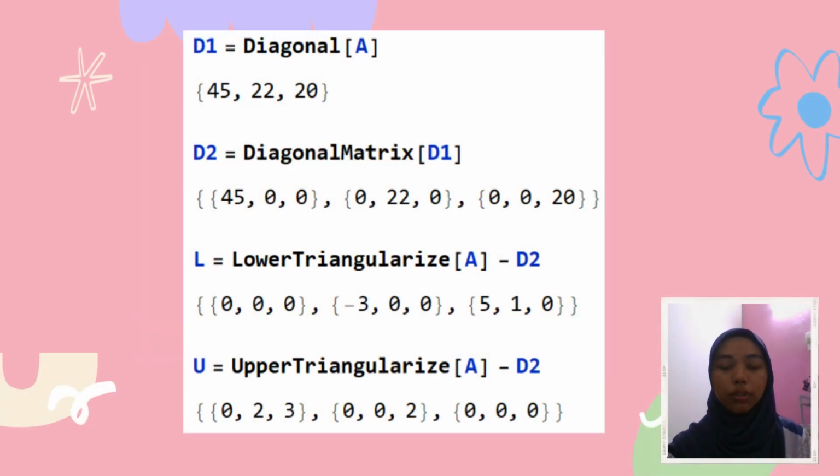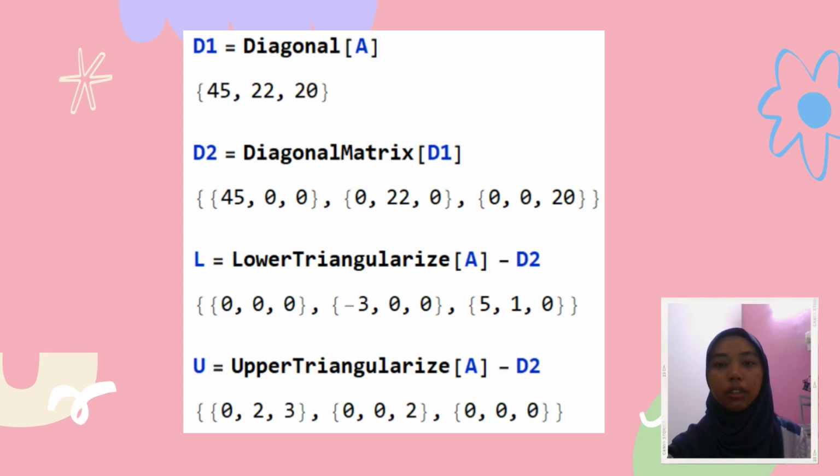Okay, next we continue with D1 as the diagonal of A, which is 45 22 and 20. Why do we get that? 45 in row 1 and column 1, 22 in row 2 column 2, and lastly 20 in row 3 and column 3. And then D2 as the diagonal matrix of D1, which is 45 0 0, then 0 22 0, and lastly 0 0 20. So we can see that the zeros can be upper triangularized and lower triangularized.